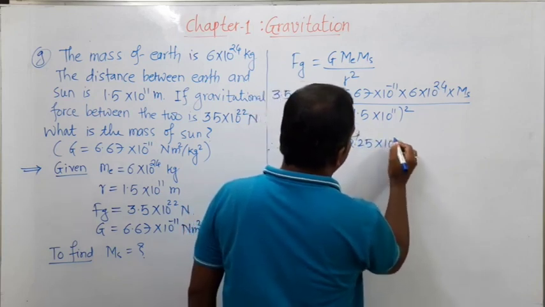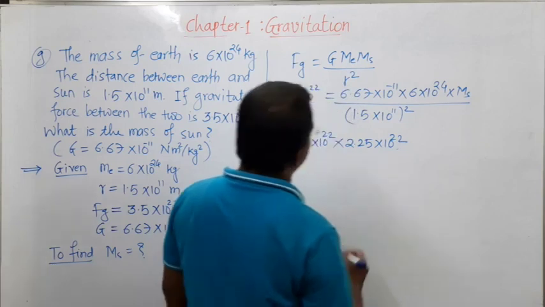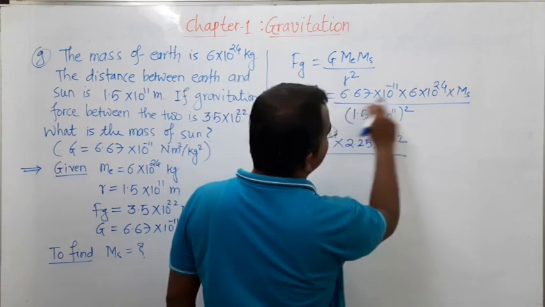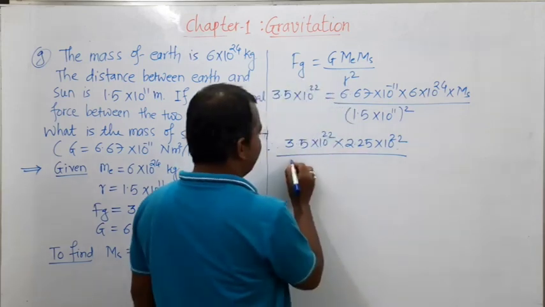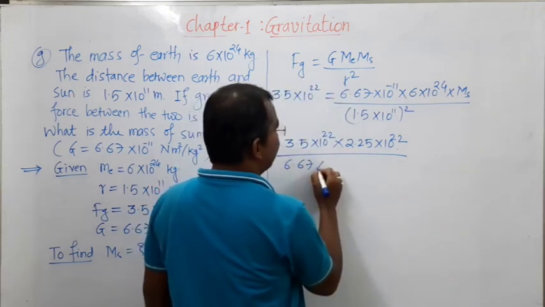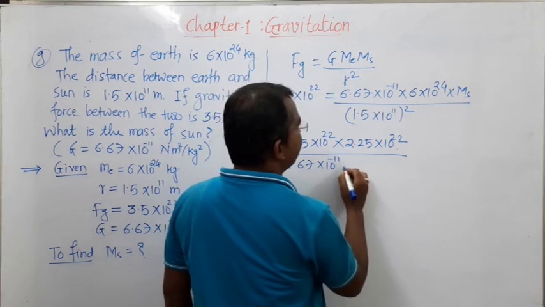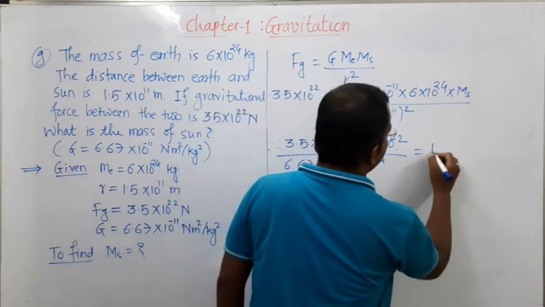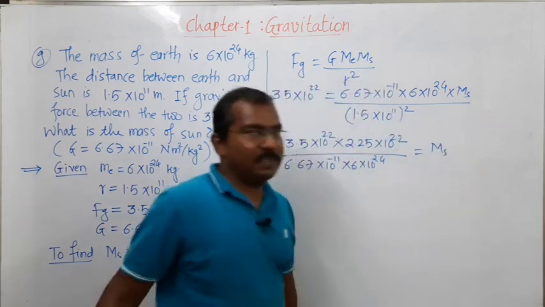2.25 into 10 power 22 divided by these two things, 6.67 into 10 power minus 11 into 6 into 10 power 24 is equal to mass of sun.